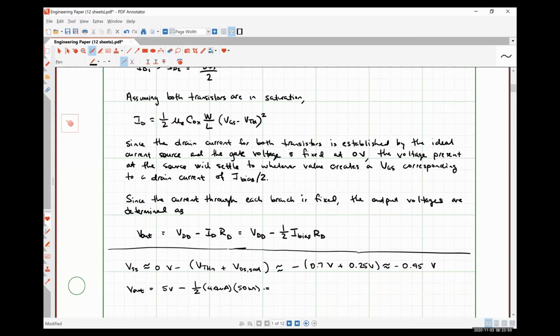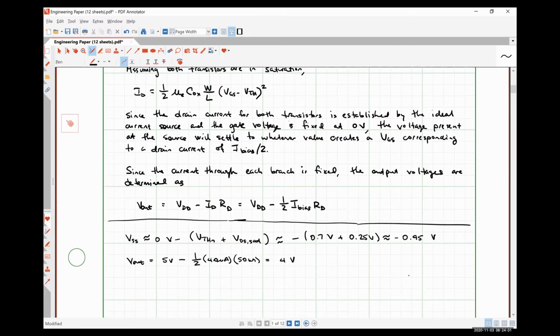And this should give us 4 volts. So our model is pretty dang good at describing what's going on here. So, all right.